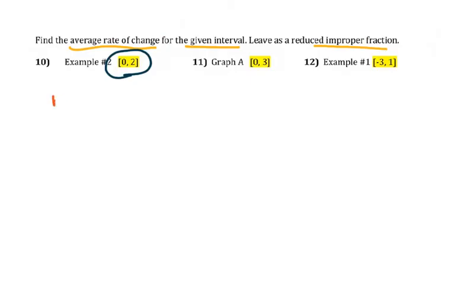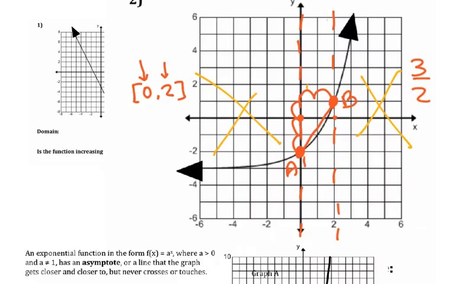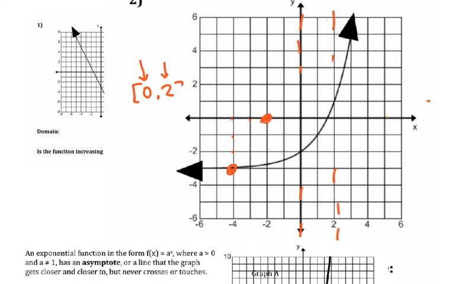So that is actually the average rate of change, not for the entire graph, because if we look at the rest of the graph, like over here, I'm not going to go up 1, 2, 3, and over 2. No, because the graph is right there. So that's more of a, like up, a little bit and over 2. That's not even very much at all. So it's just for the interval that we're talking about. So that's why it's really important that you understand how to find your interval on your graph.